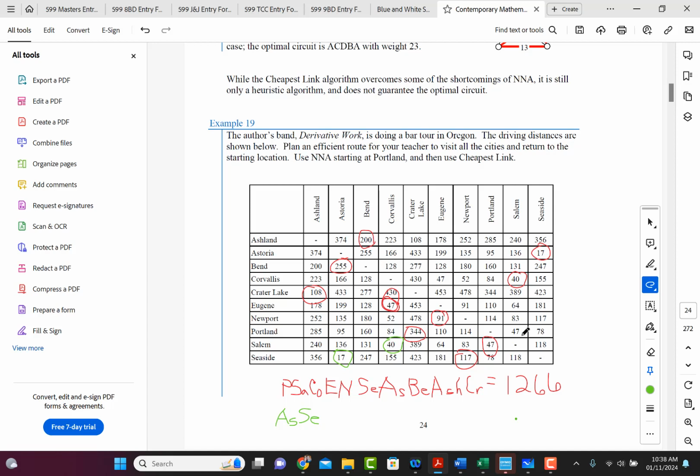Anything less than 47? No. Okay, so we got 47 here and here, which is Eugene to Corvallis.